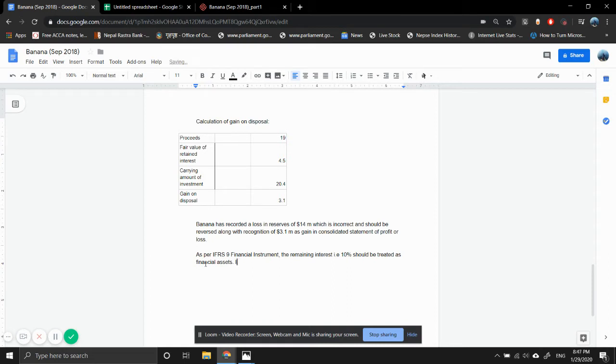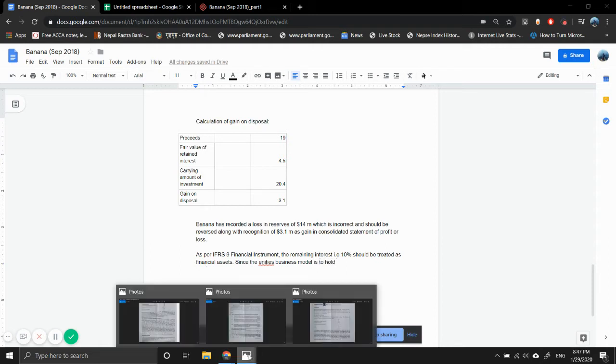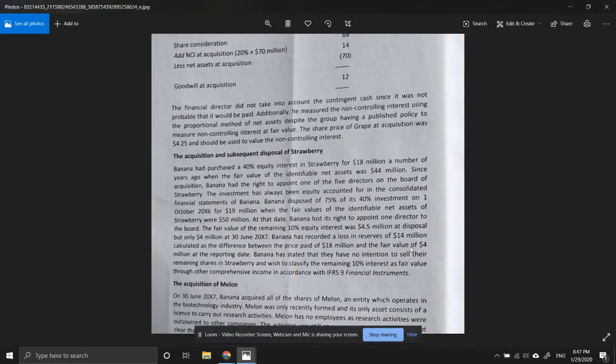Since the entity's business model is, as it says, fair value through OCI, he has no intention to sell.